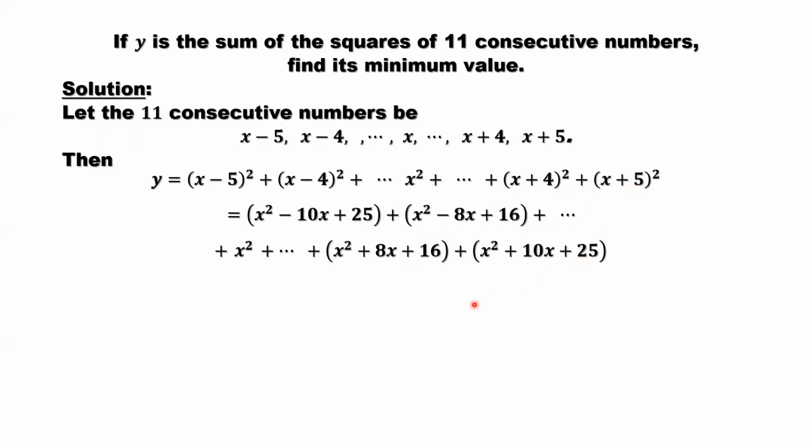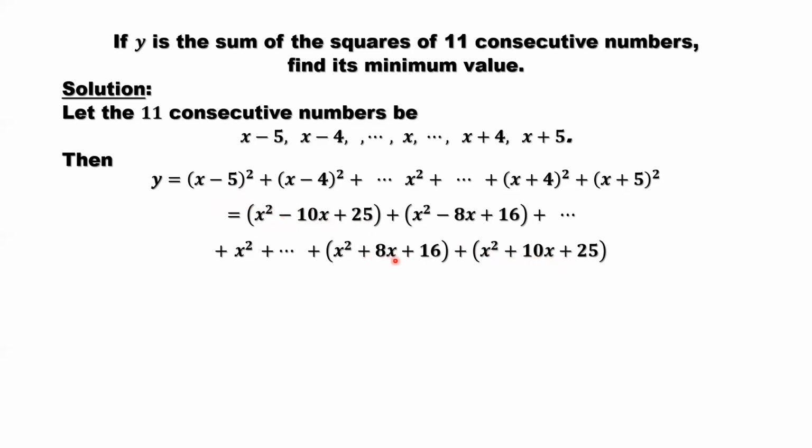Now here, you can see the pattern. On the left-hand side, right-hand side, the x terms are symmetric. The last constant terms are symmetric. So only the x term. On the left-hand side, that's a negative sign. On the right-hand side, that's a positive sign.